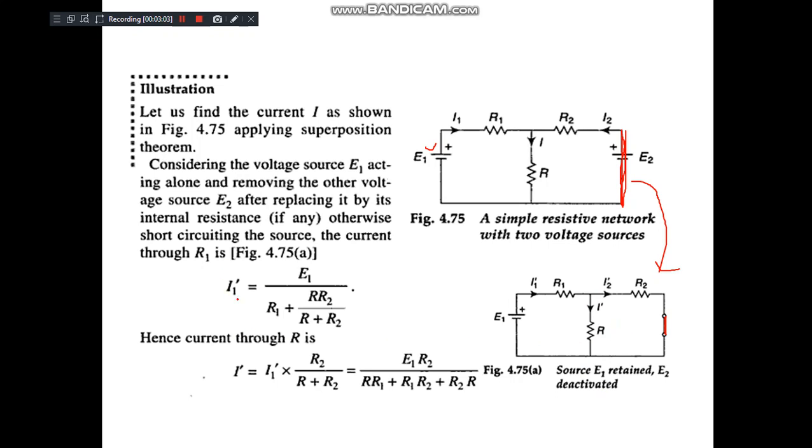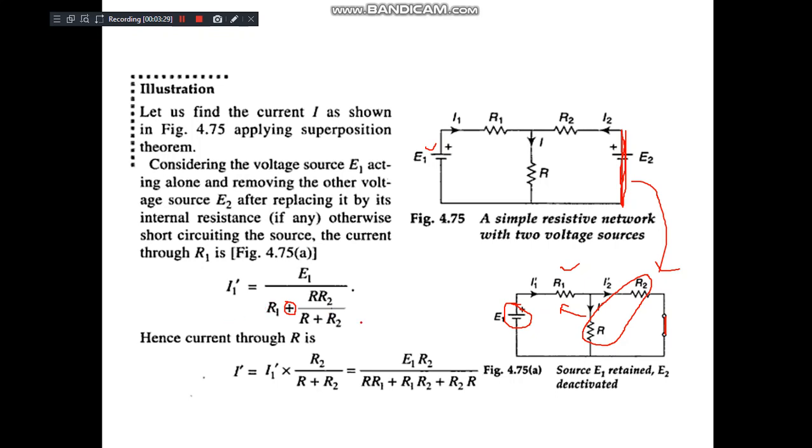So here assume I1 dash. I1 dash is equal to the total supply voltage divided by, if you observe, these two are in series, parallel, and this combination is in series with R1. That's why R2 by R plus R2, plus R1.